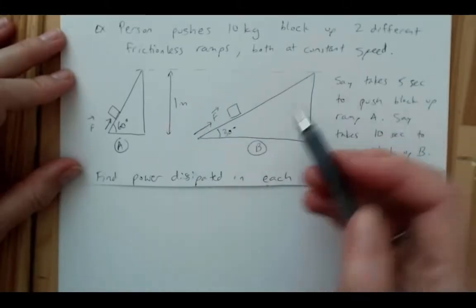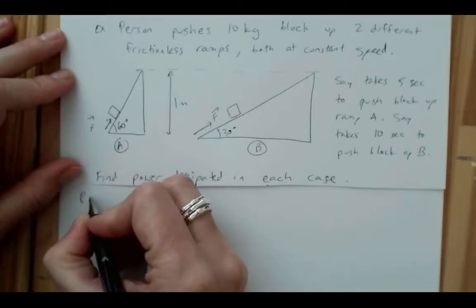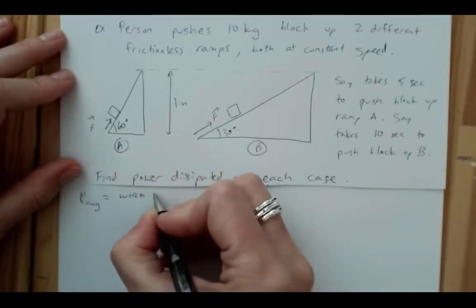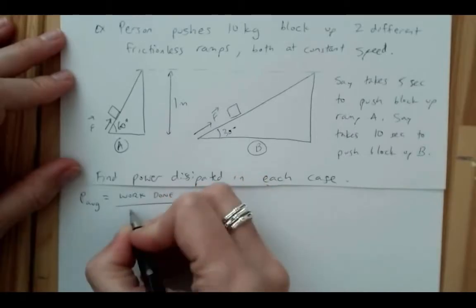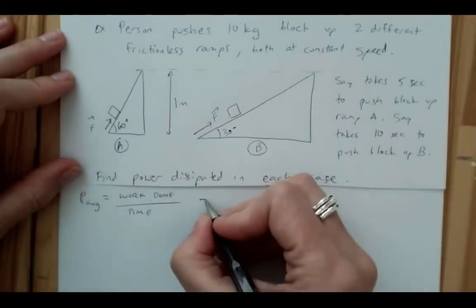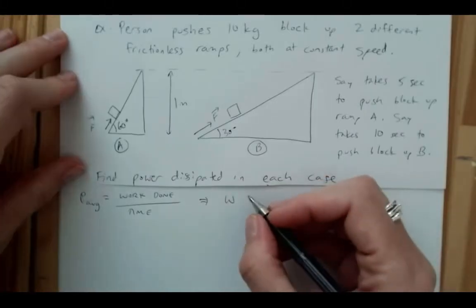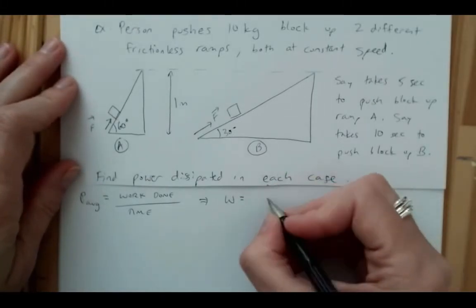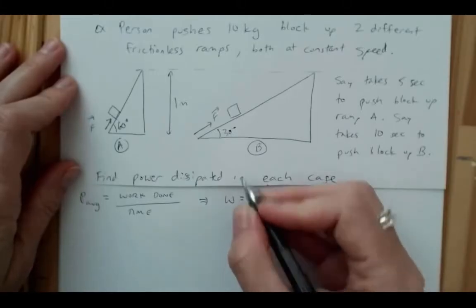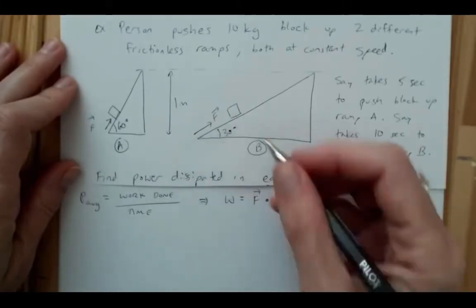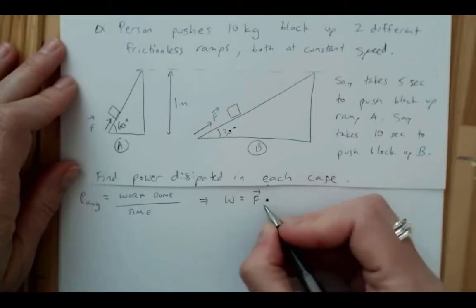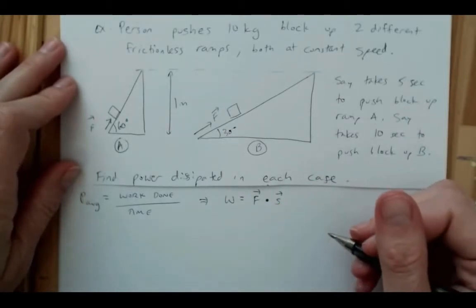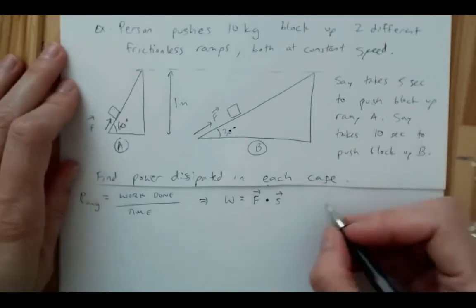So we're going to use that the average power is equal to the work done over the time. Then we need our definition of work, which is that the work is equal to the force applied, for a constant force, remember our simplification for the work done, dotted into the displacement S, which is going to be up the ramp.